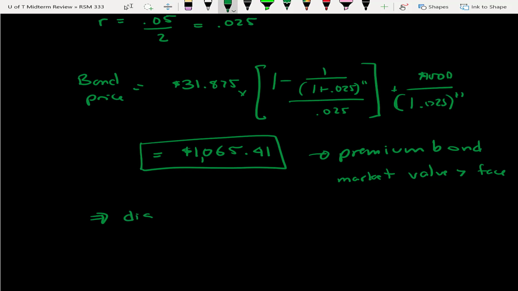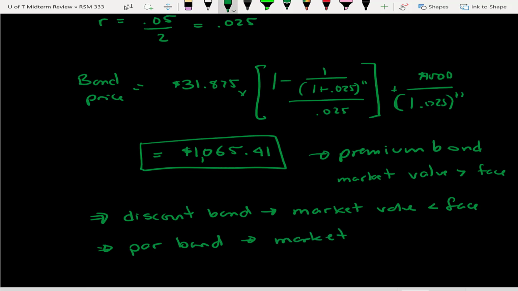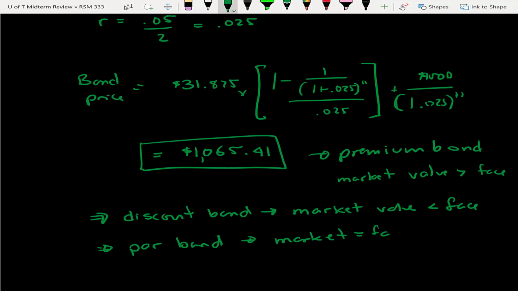A discount bond is one where the market value is below face value. And the only other type of bond is the par bond, where market value is equal to the face value of the bond.